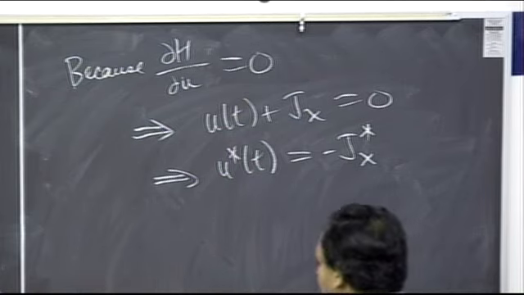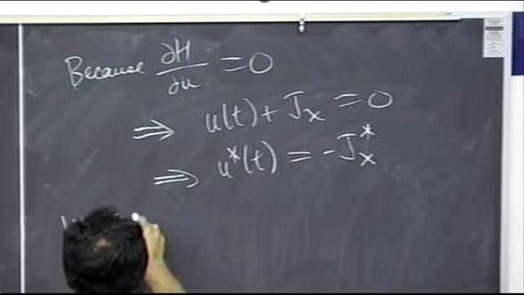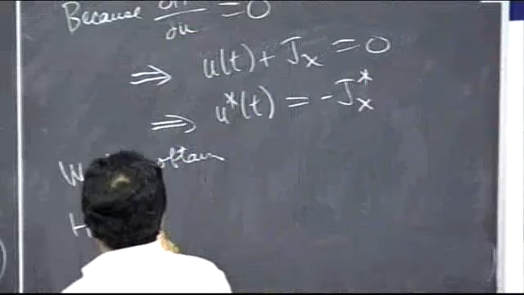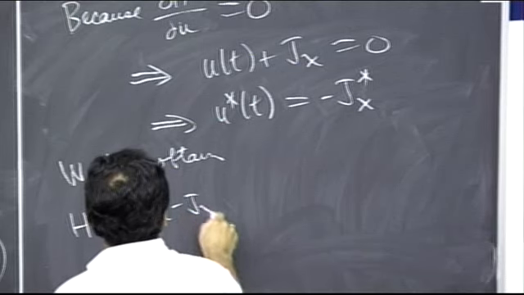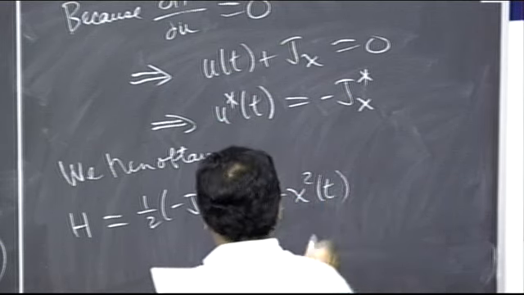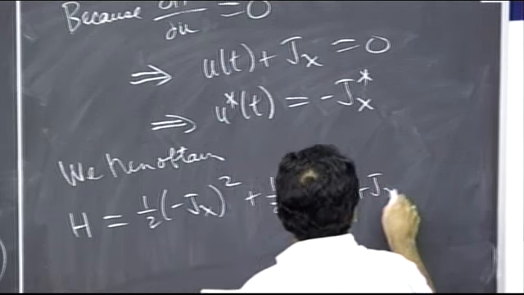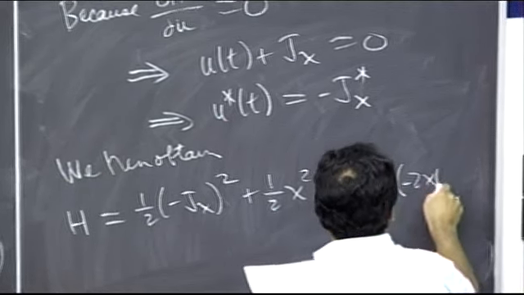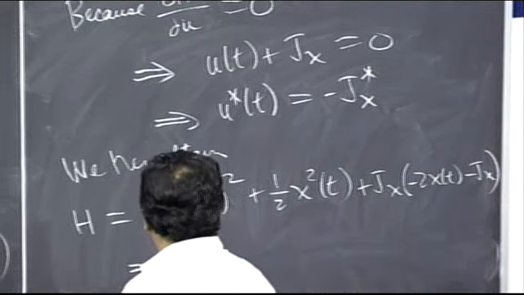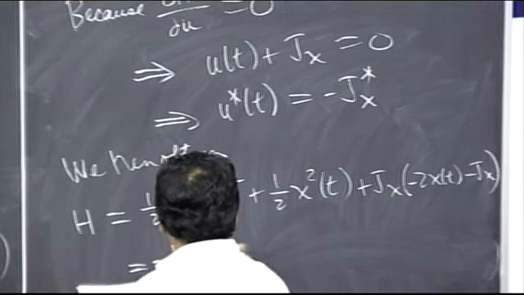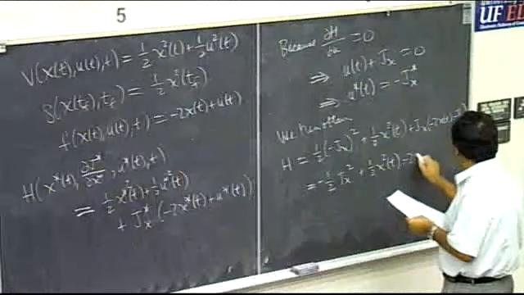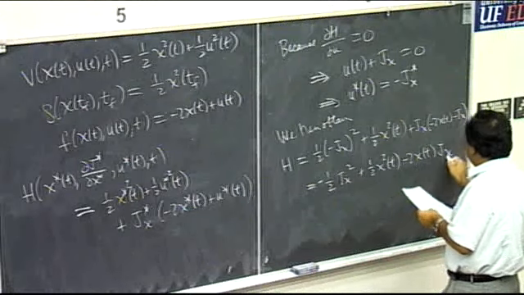And as a result, the H is going to equal 1/2 minus jx squared plus 1/2 x squared of t, and then plus jx times minus 2 x of t minus jx, which is equal to minus 1/2 jx squared plus 1/2 x squared of t minus 2 x of t jx.